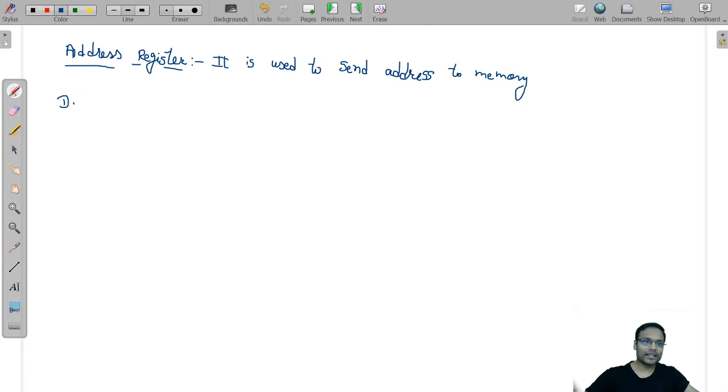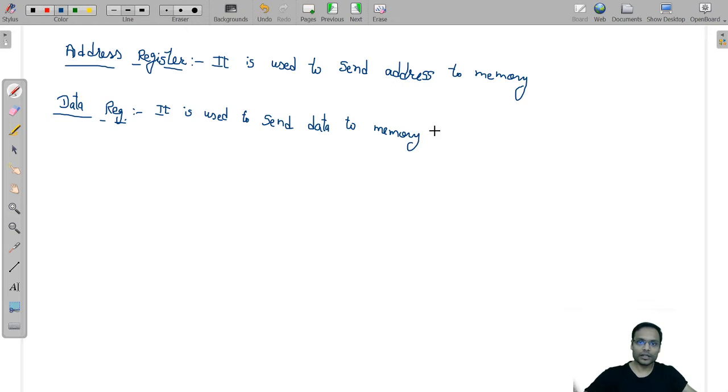And what is the data register? I'll write the definition of the data register also here. The data register is used to send data to memory.